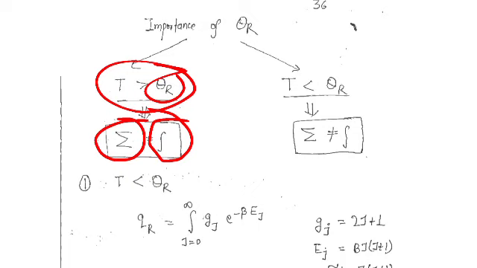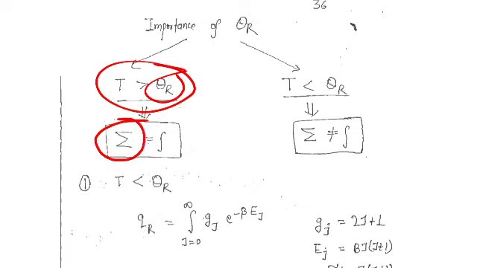Theta r corresponds to the thermal energy equal to B. If this energy difference is B, and the temperature is very much greater than B, we can access any of the states. So the summation can be replaced by the integral.